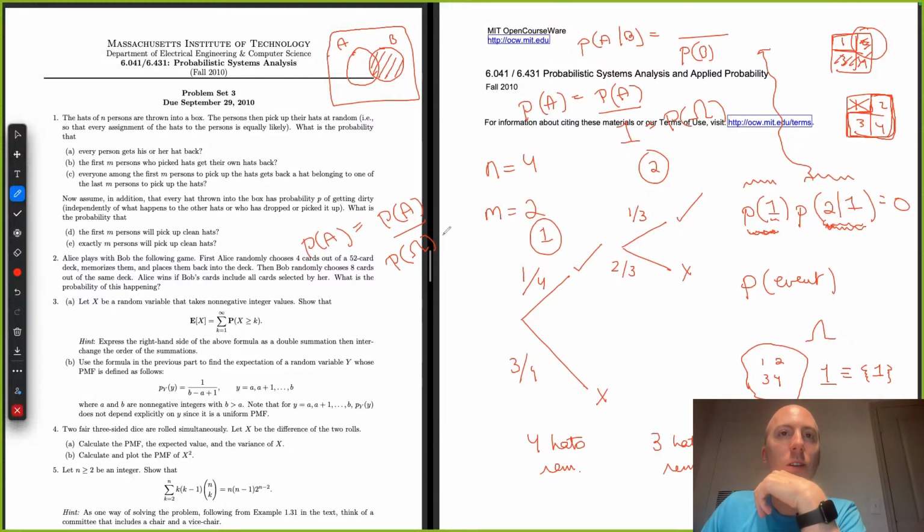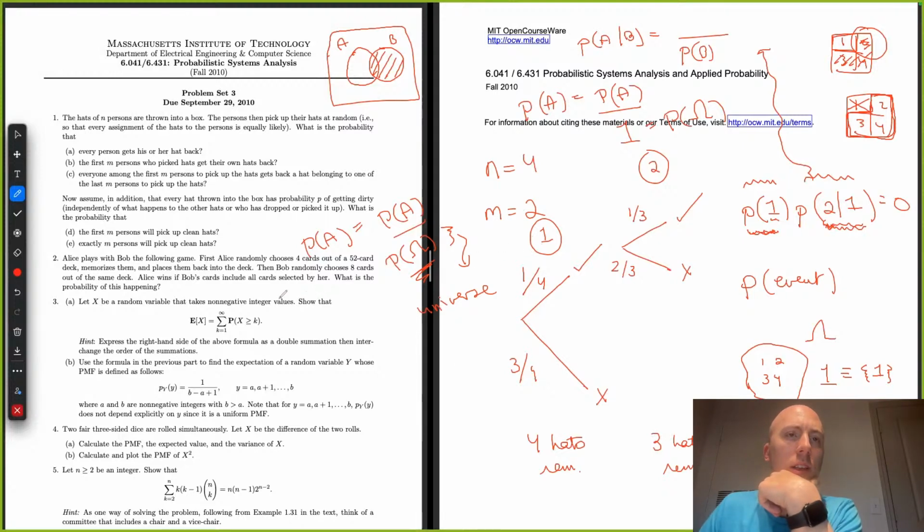It's an interesting way to think about it, because the denominator is the universe that we're in.